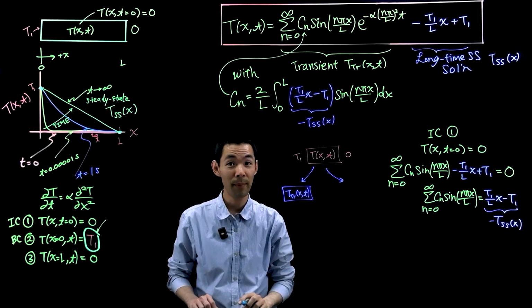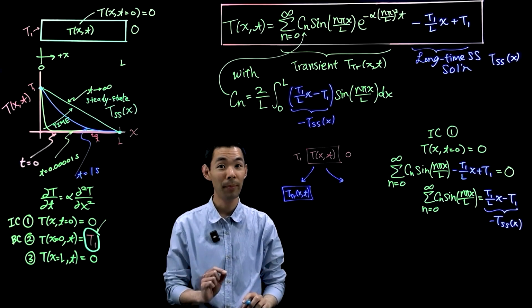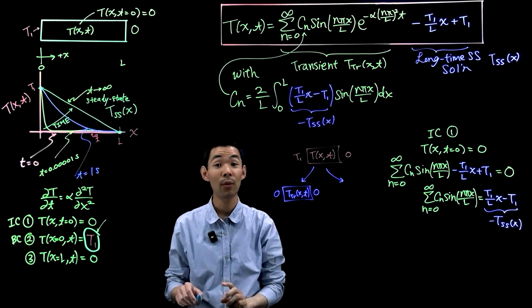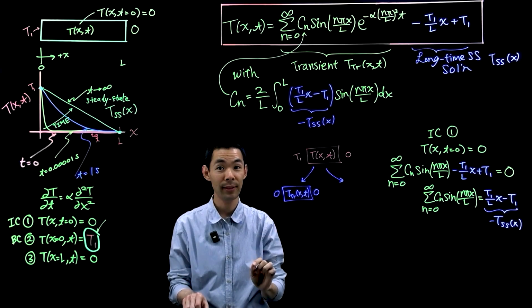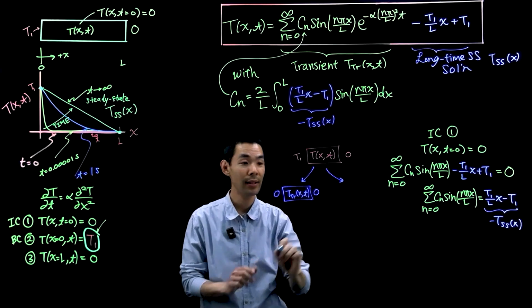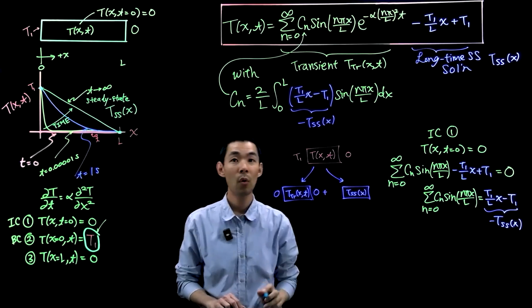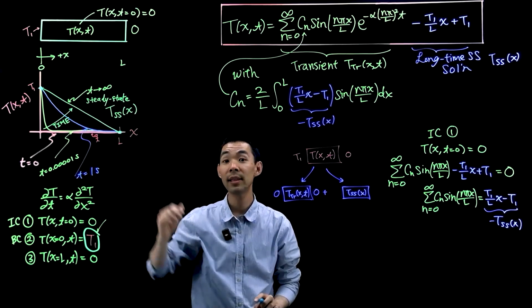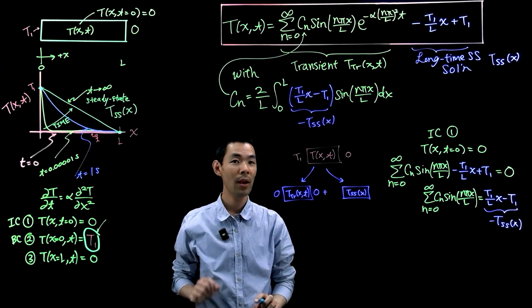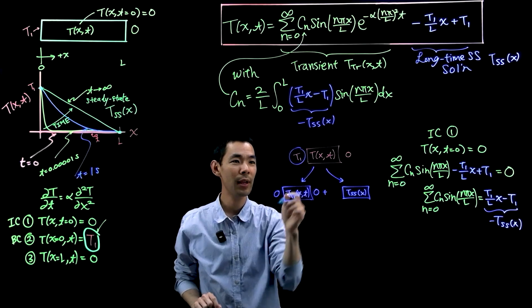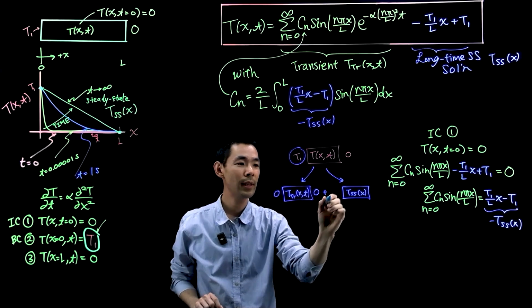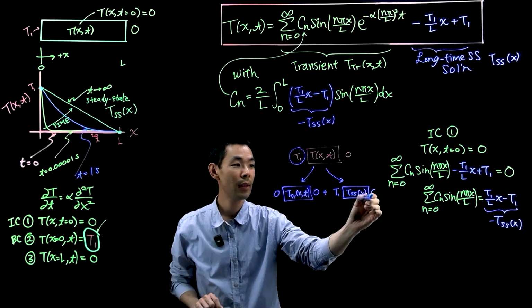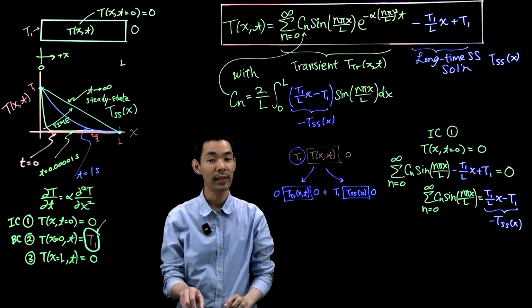In the first problem, we had the transient problem. And there, we had boundary conditions that were 0 on both ends. Now, we added that together with a steady state solution, which is at t going all the way to infinity, where this boundary condition got absorbed into the problem over here. And the right boundary condition just comes straight down.